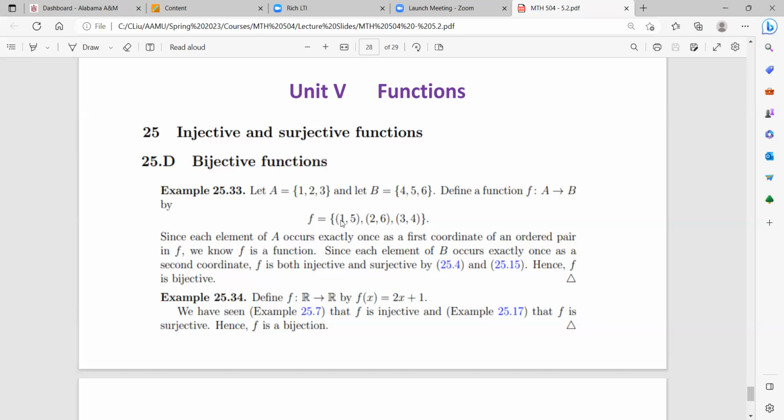Different numbers in the domain result in different numbers in the codomain. So it's both one-to-one and onto. So it's a bijection, or bijective.